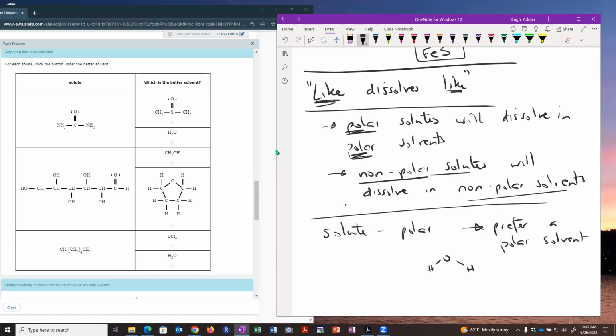Here we have our H connected to the O, and the same thing happening on the other side. So this is very polar. Whereas this molecule here, yes, it does have a sulfur double bonded to the O, but you also have CH3, carbon and 3 H's, very non-polar regions on either side, and it's a much bigger molecule than water. So the H2O here is going to be the better solvent because it is more polar than the other option.